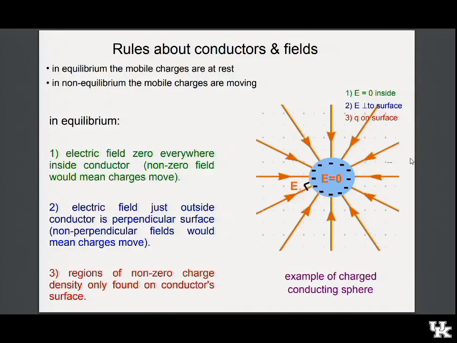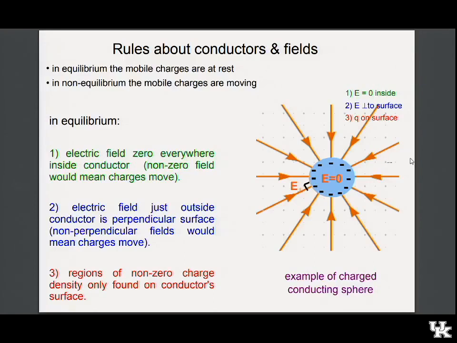If the electrical field wasn't perpendicular to the surface, then the charges would move around over the surface. It wouldn't be in equilibrium. So by definition, equilibrium of the electrical conductor involves zero electrical field inside the body of the conductor and perpendicular electrical field at the surface. In that way, there's no flow of the charges inside the conductor.